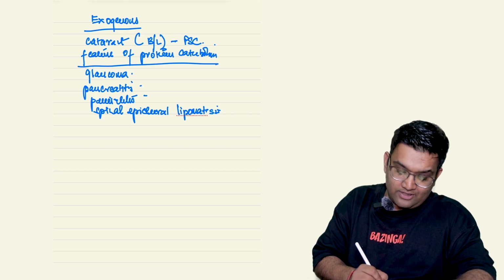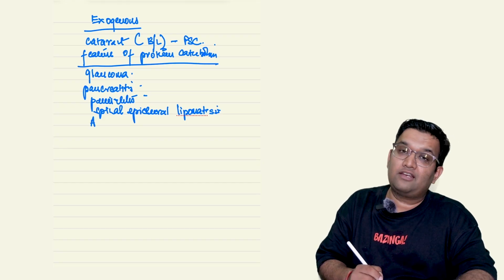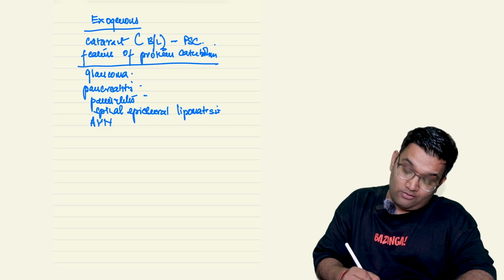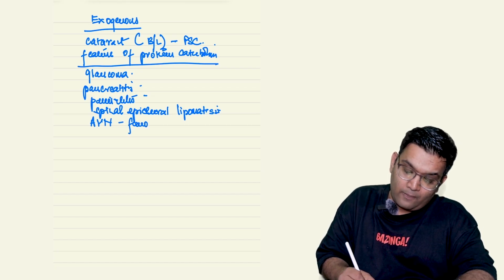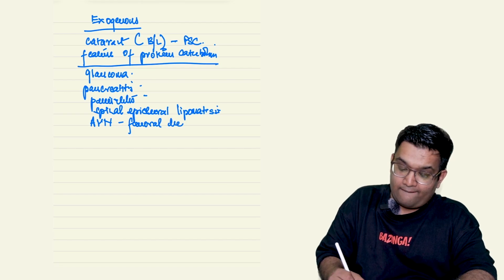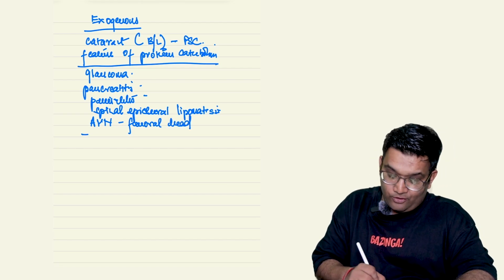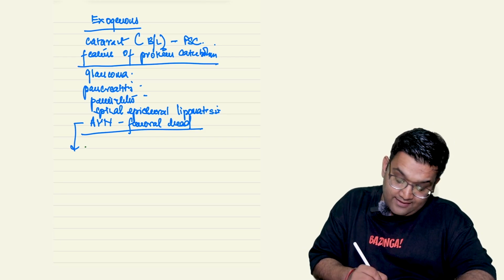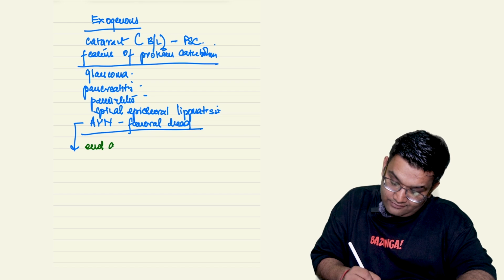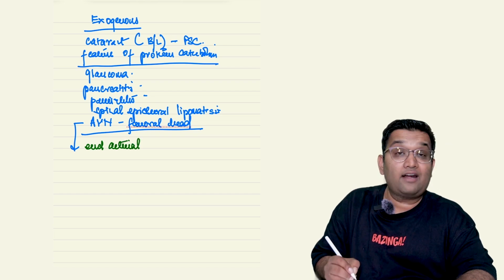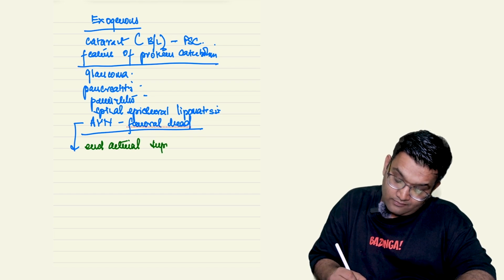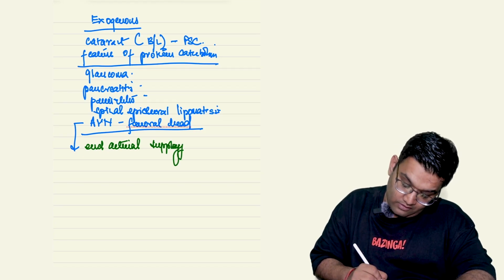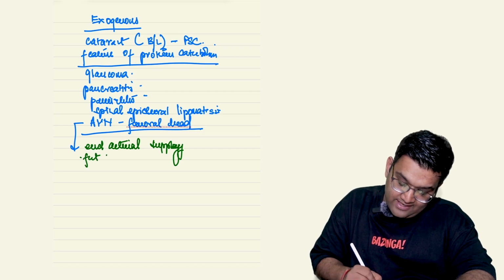Then there is something very important which we have seen in this COVID era. A lot of AVN of the femoral head is going to be there. Why that is going to be there, we are going to see. So why does AVN occur here? It is an end artery, end arterial supply is there. There is always fat embolism risk.